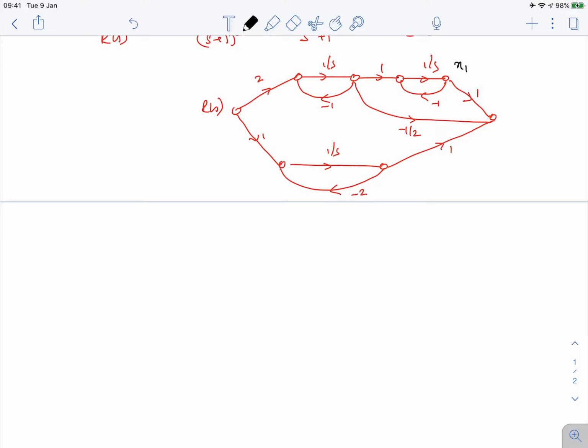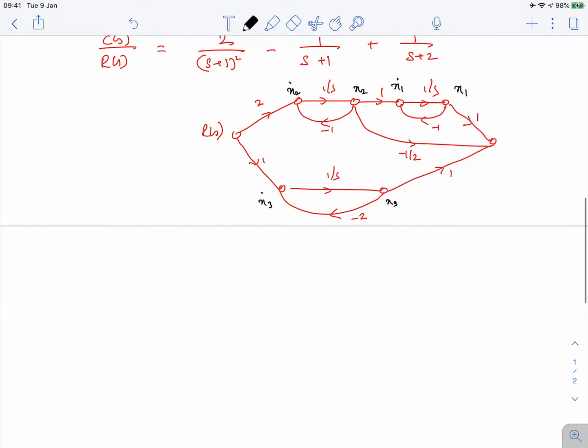So this would become x1 dot, and since x1 dot is equal to x2 and we have the branch gain 1, this would be my x2, meaning x2 is equal to x1 dot, and here I would have x2 dot. This is my x3 and this would become my x3 dot.